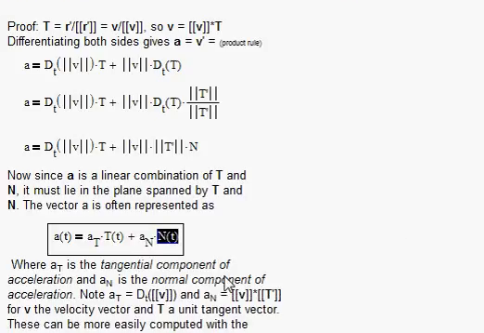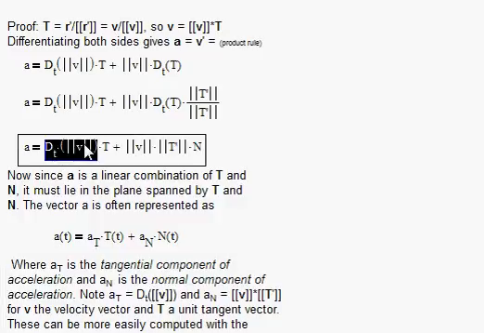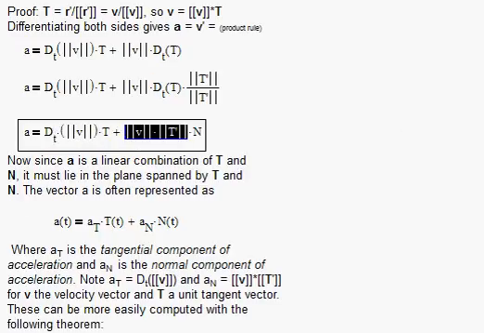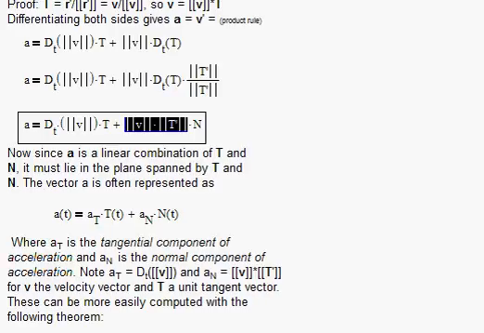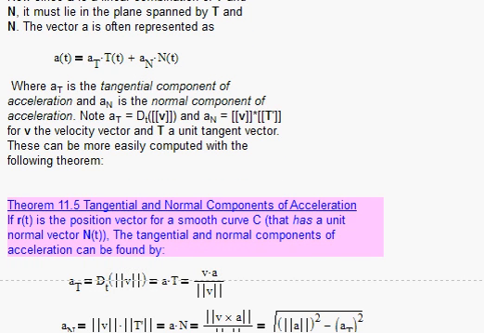So a sub T is sometimes called the tangential component of acceleration, and a sub N is sometimes called the normal component of acceleration. But they can be more easily computed with the following theorem, and I think I'll put that in another video.